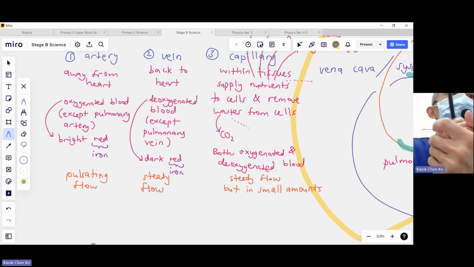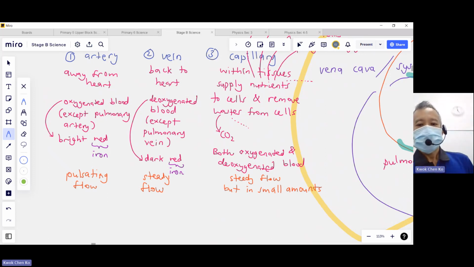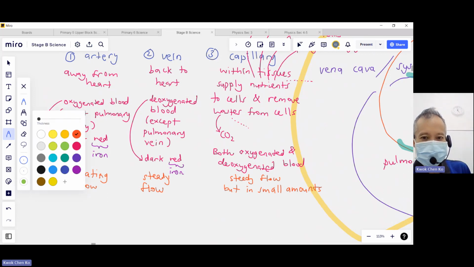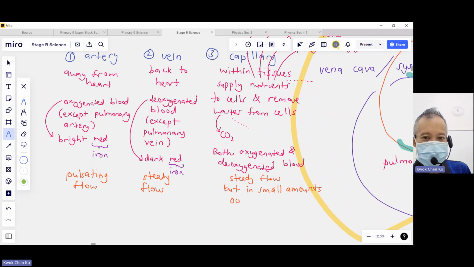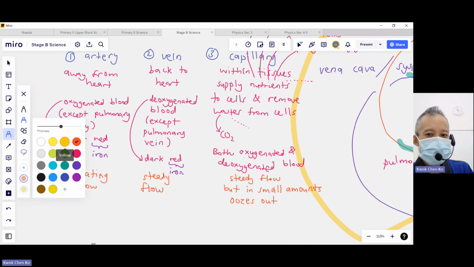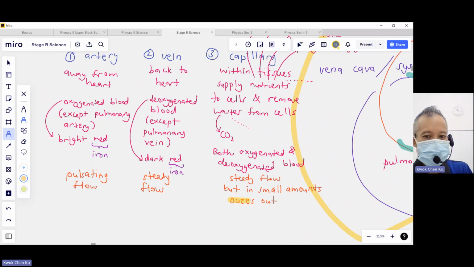So most of the time when you cut your finger, cut your skin, that would be a capillary flow. Basically, this is the model answer. Your blood oozes up. You like to use this model answer, oozes up. It's steady, but steady in a small amount.